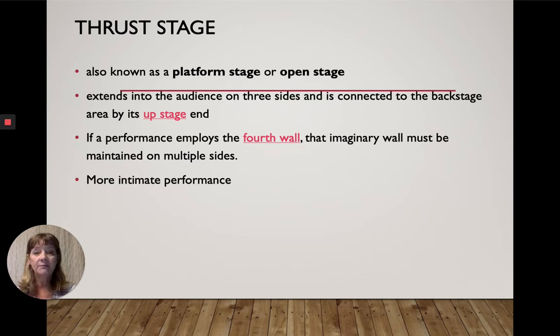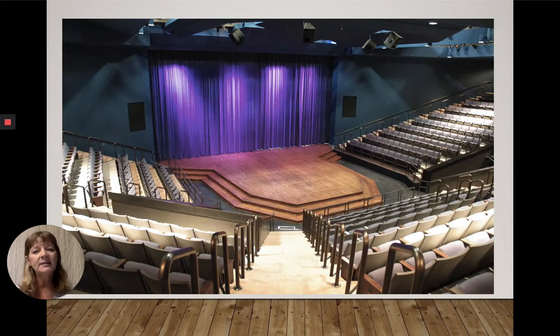Our space seats 180, whereas our proscenium stage seats 500. So it gives you a smaller audience, but it's much more intimate, and the audience can be much more connected to the performance. This is an example of a thrust stage. It also has a proscenium that kind of gives you an upstage, backstage area.